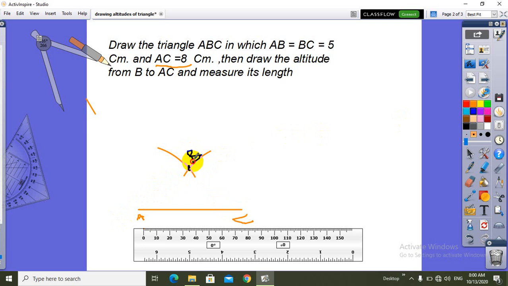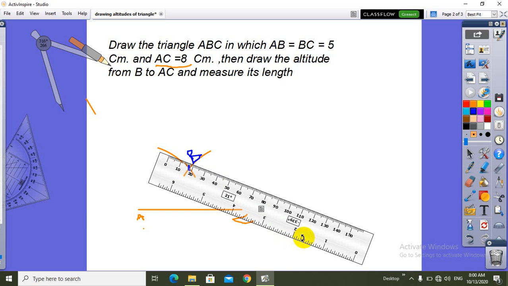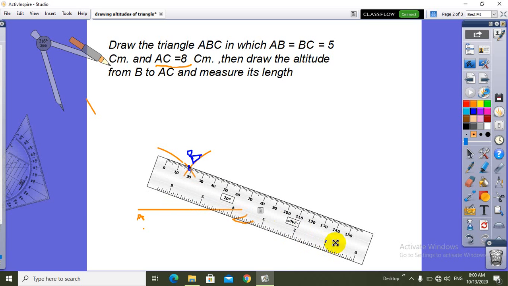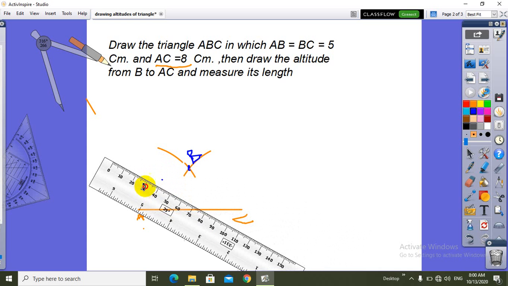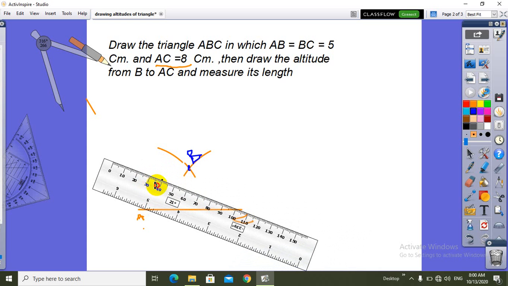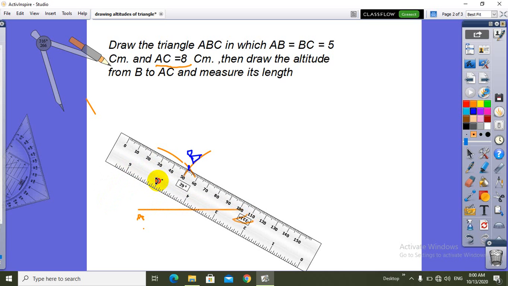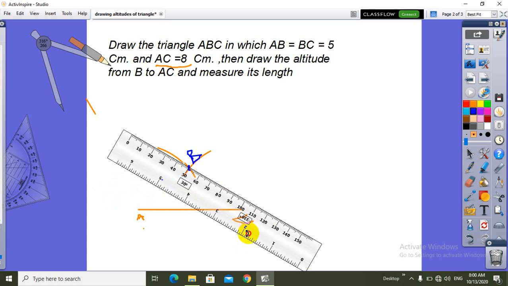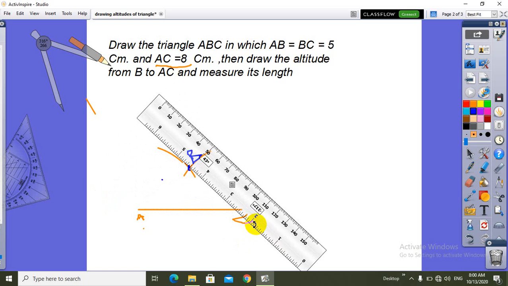B. By using the ruler, I try to make it intersect with the points C and B. Now I'm ready.